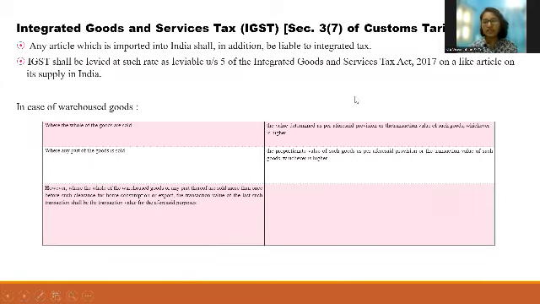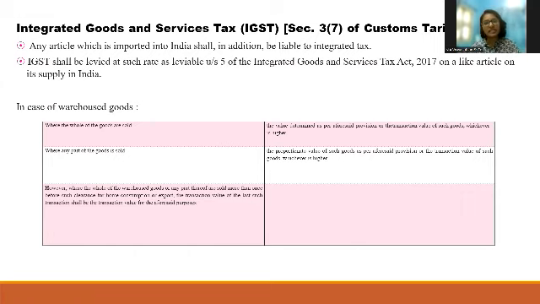Now, IGST and GST compensation cess. A product that is manufactured in India, when it reaches the domestic market, we charge GST on its sale. So, to ensure that there is fair trade practice and more equality, IGST has to be charged on imported goods as well.